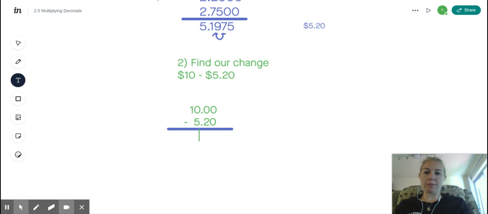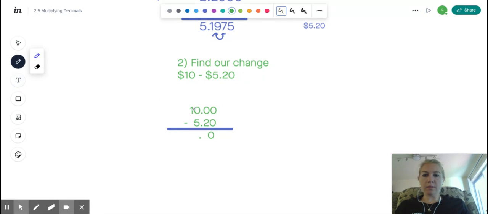In our answer, there's going to be 2 decimal places, about right there. So 0 minus 0 is 0. 0 minus 2, we can't do that, so we need to borrow from this 1. So this 1 becomes a 0, and this 0 becomes a 10. But we need to give this 0 a 10, so that 10 becomes a 9, and this 0 becomes a 10.